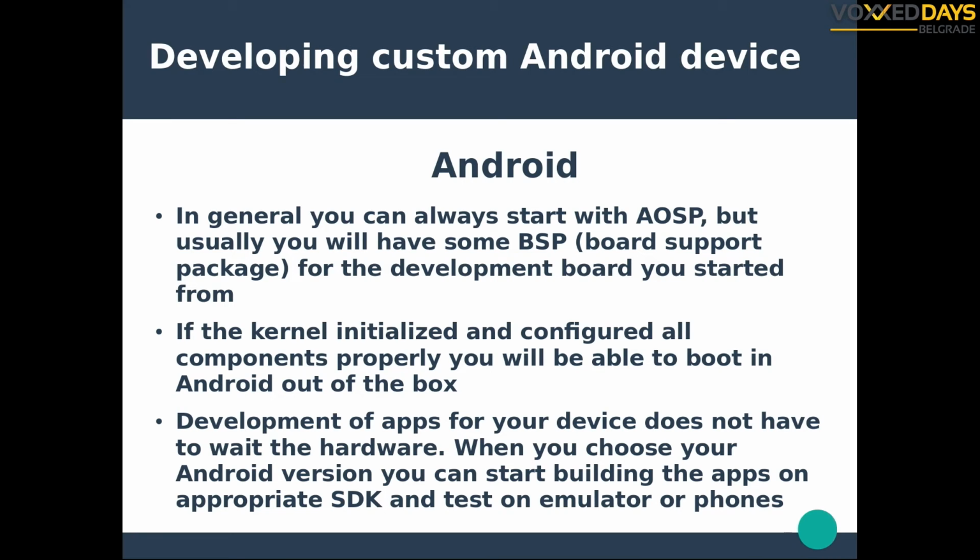But probably you will have some difficulties making, for example, graphics or some other thing work flawlessly. And that's something that the manufacturer of the development board has also done in the past. So my advice is better go with Android supplied by the manufacturer than going with vanilla Android. But this is your choice.